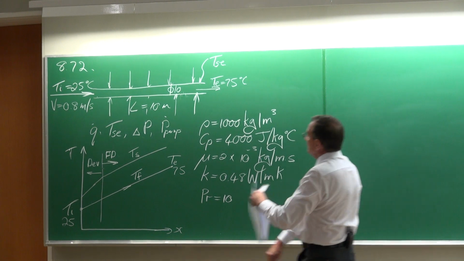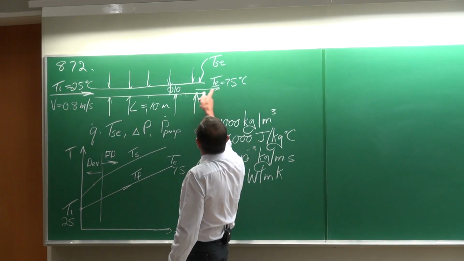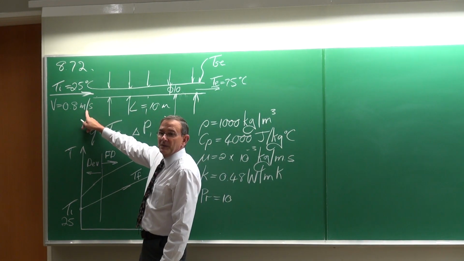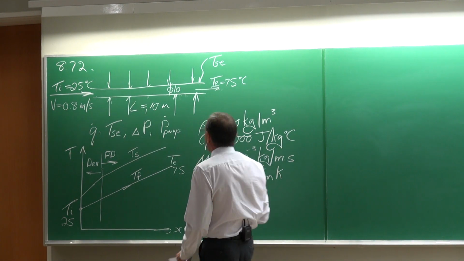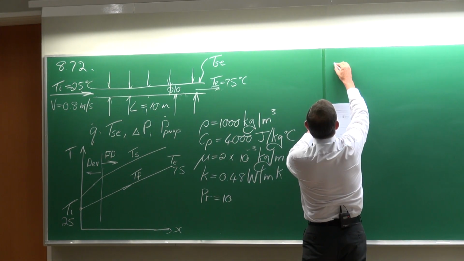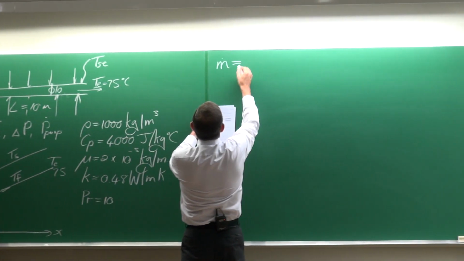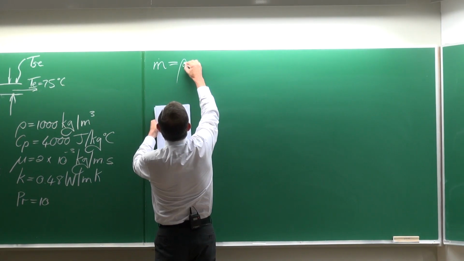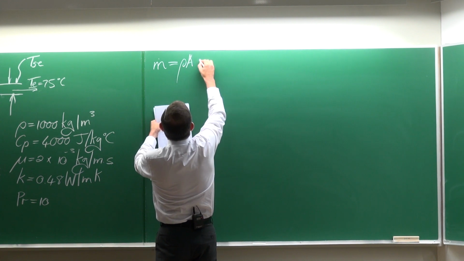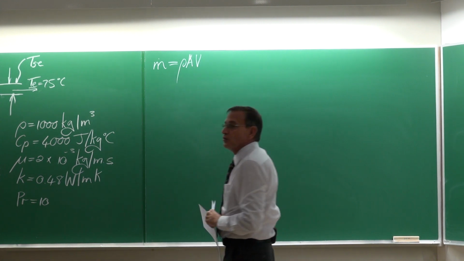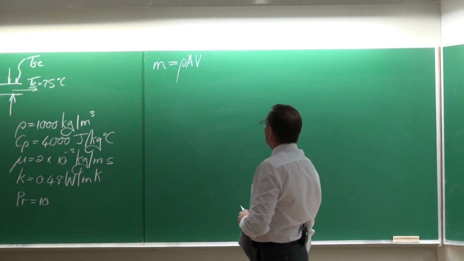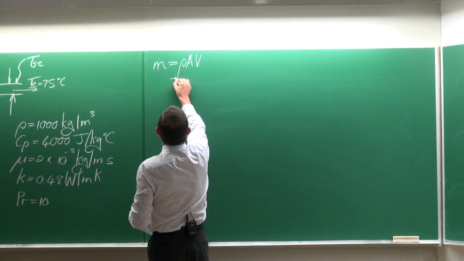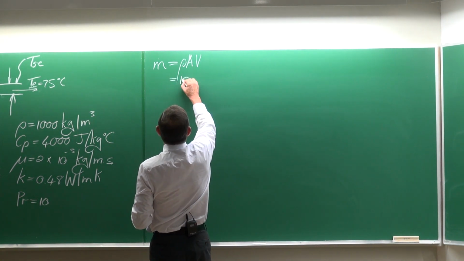Right, we've got the inlet temperature, we've got the outlet temperature, we've got the inlet velocity as well as the diameter. So therefore it is very easy to calculate the mass flow rate and the heat transfer rate. The mass flow rate is equal to the density multiplied by the cross-sectional area through which it flows, multiplied by the velocity. The density is 1,000.